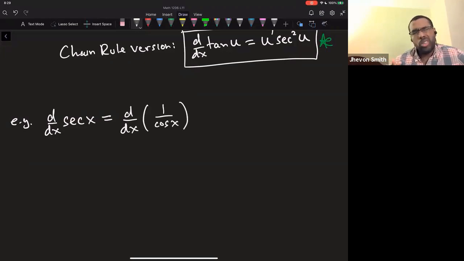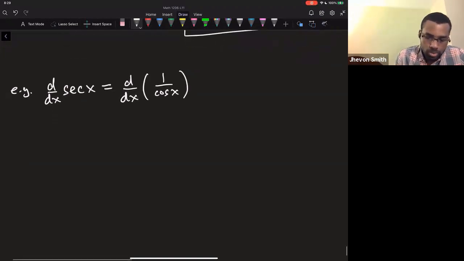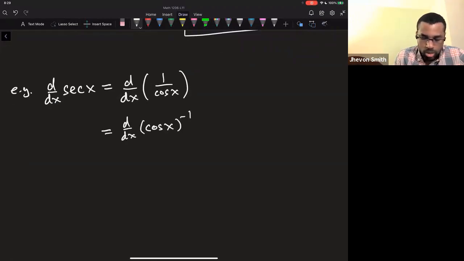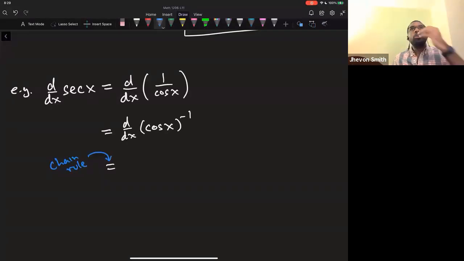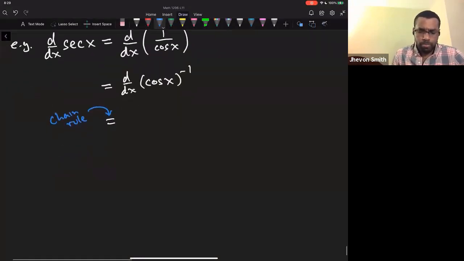Now you could do the quotient rule here, but I'd probably do the chain rule. This is the derivative of cosine x to the minus 1. We're going to do chain rule. When the numerator or the denominator of a fraction is a constant, you probably don't want to kill yourself doing the quotient rule, which we'll talk about later as well.